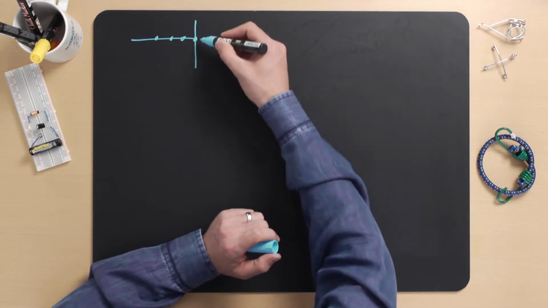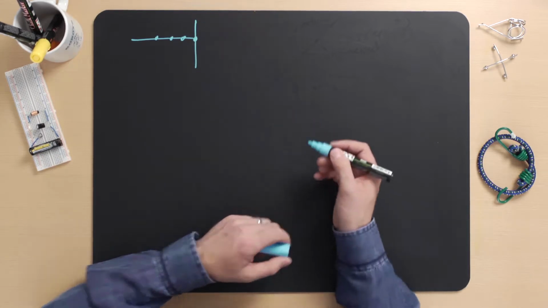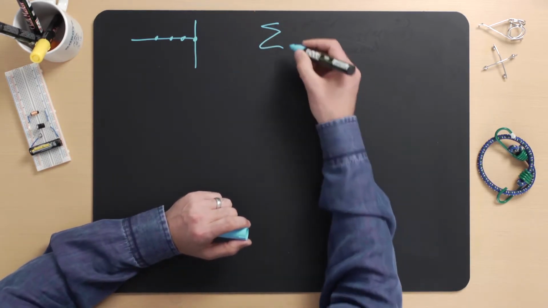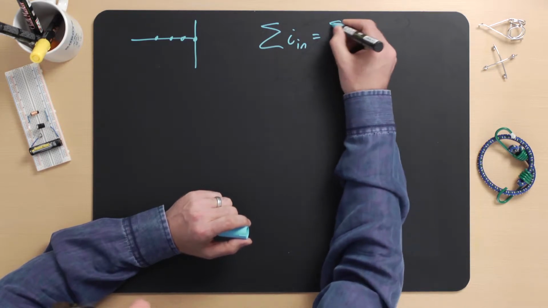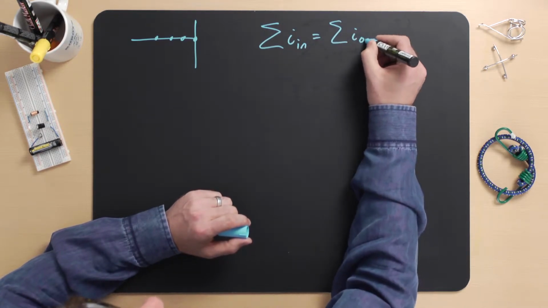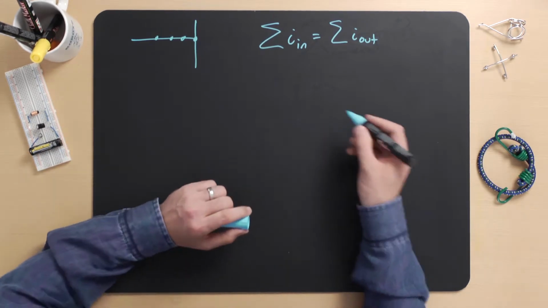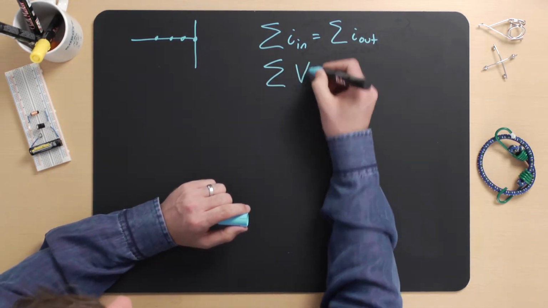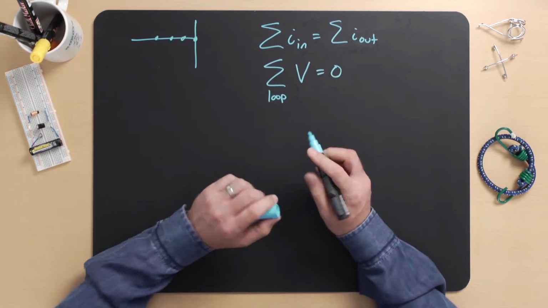So if we have current coming into this node, then that must be equal to the sum of any currents that are exiting it. So KCL says that the sum of the current in must be equal to the sum of the current out. Kirchhoff's voltage law states that the sum of the voltages around a loop must be equal to 0.